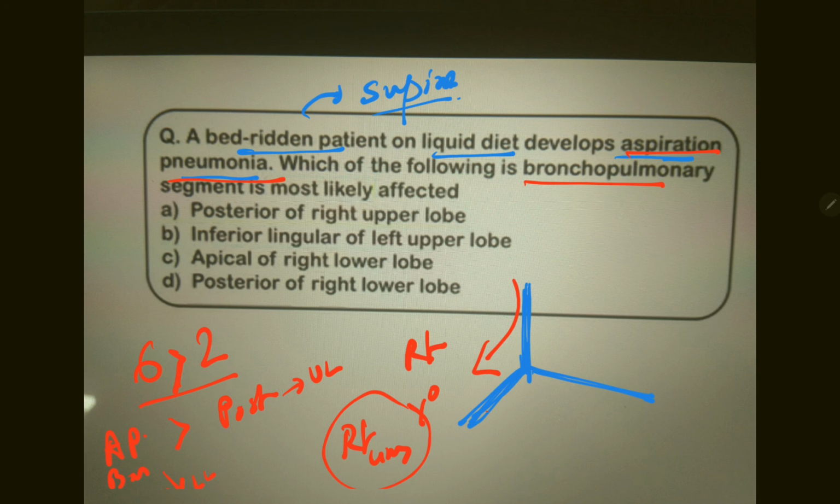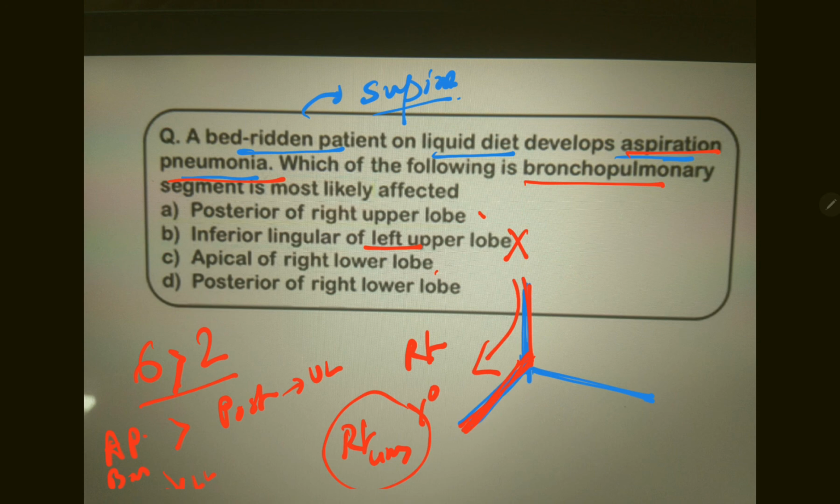Yes, it is a likely affected segment. Posterior of the right upper lobe, yes, it may be true. Inferior lingula of the left upper lobe, no, the left is totally removed, because the left lung is not affected easily due to the vertical right bronchus. Apical of the right lower lobe, yes, it may be the answer.